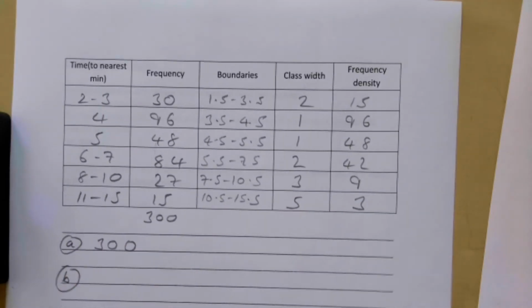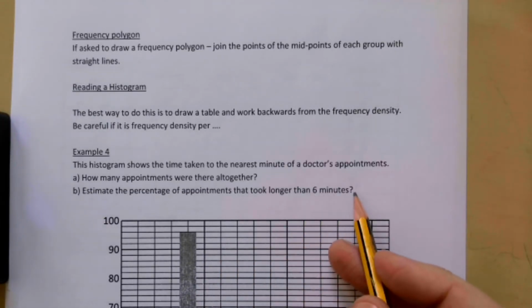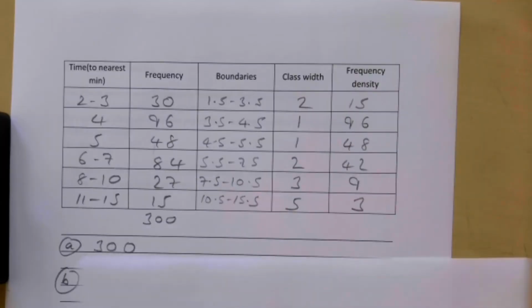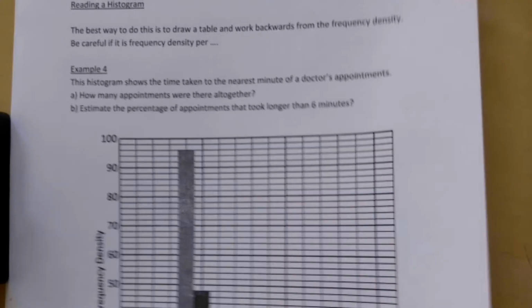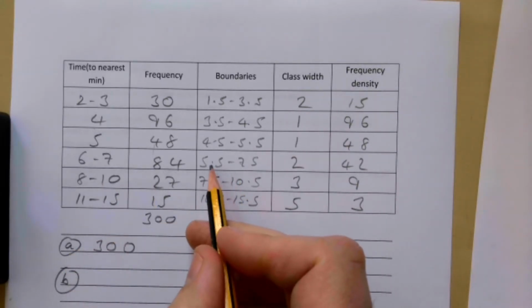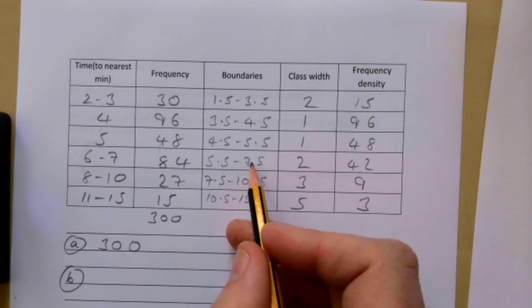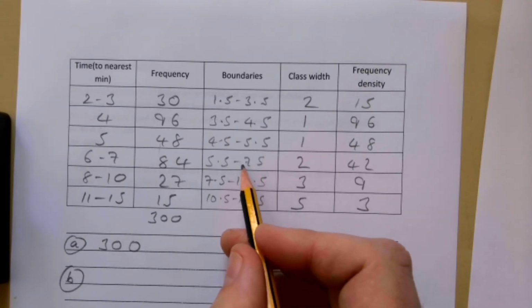Next one's a bit tougher. Estimate the percentage of appointments that took longer than 6 minutes. You can do this a couple of different ways, but this group goes from 5.5 up to 7.5, and we want ones that take longer than 6 minutes.